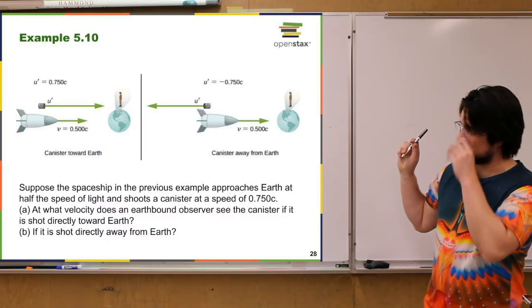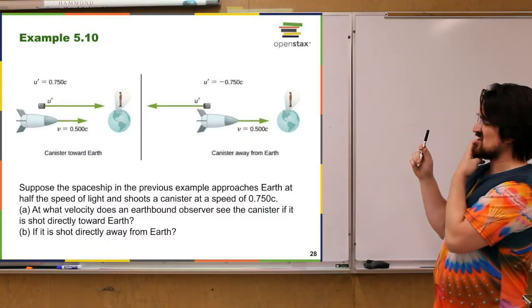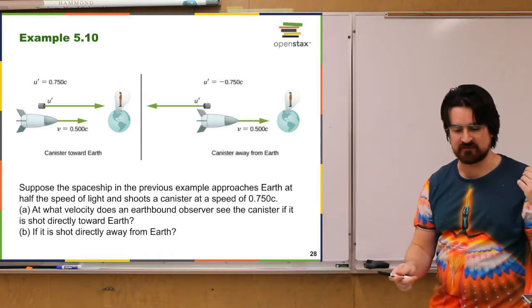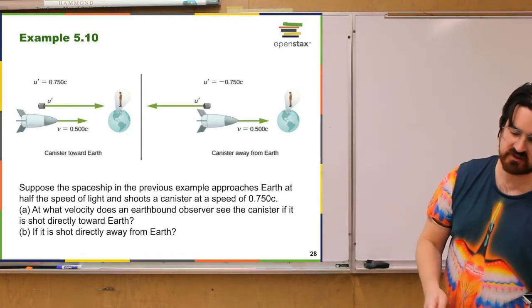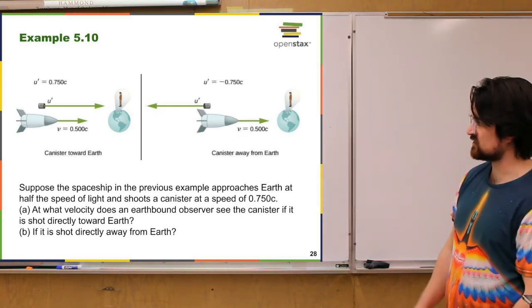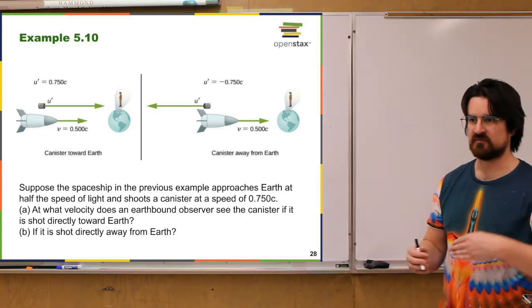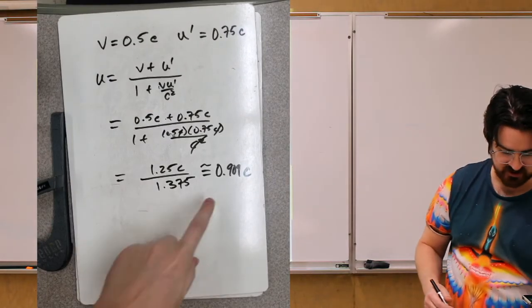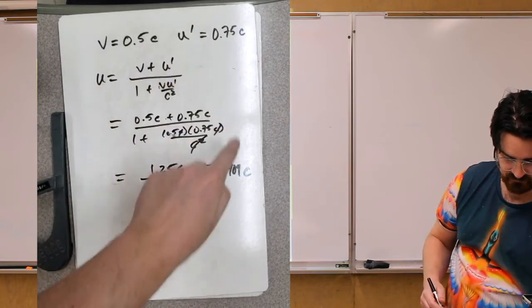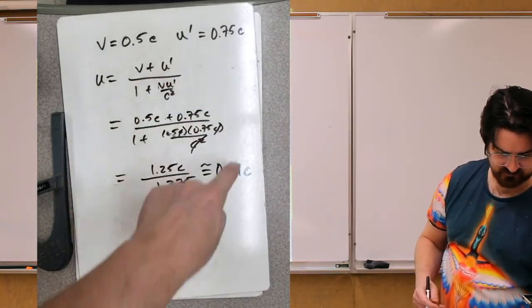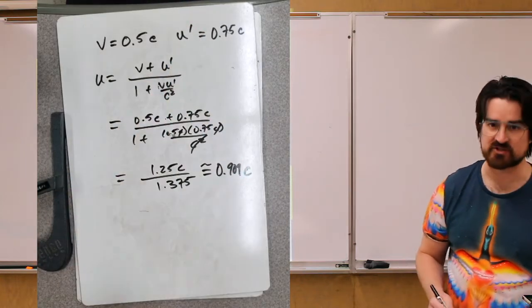So even though this projectile was shot at 3/4 of the speed of light from an object moving half the speed of light, it still only got to about 90% the speed of light. This is very different from the Galilean transformation. And just to note too, that this change in velocity that the person on the Earth saw, it changed by about 15%.